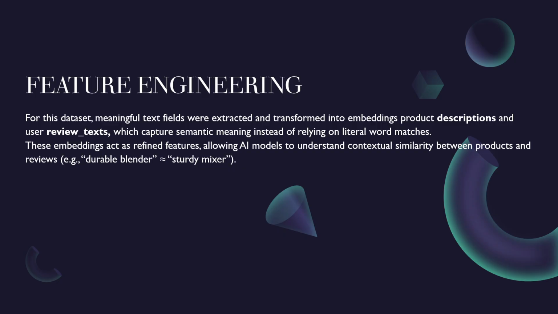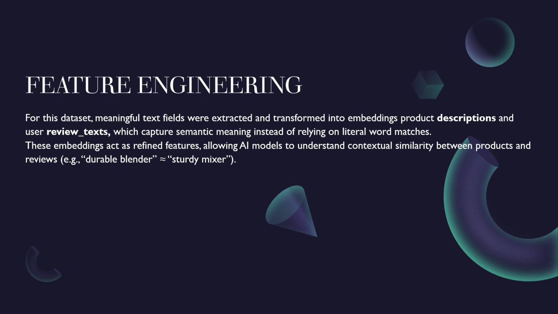Feature engineering. For this dataset, meaningful text fields were extracted and transformed into embeddings: product descriptions and user review texts, which capture semantic meaning instead of just relying on literal word matches, like a normal SQL search, like select all when something is very specific.